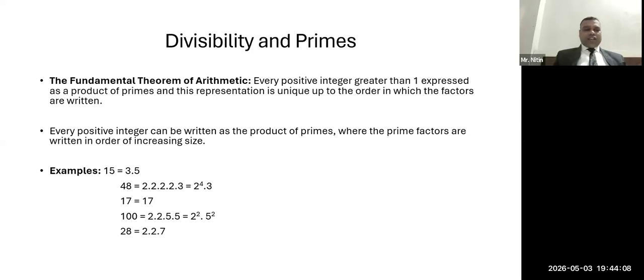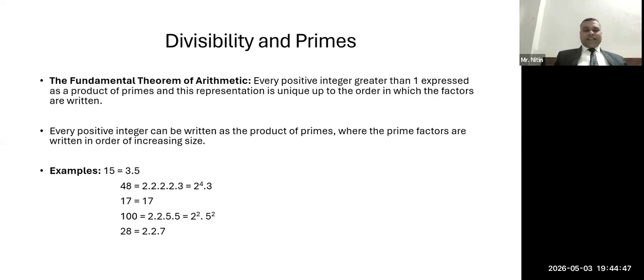Every positive integer can be written as the product of primes where the prime factors are written in order of increasing size, from smallest to largest. In this example we have the number 15, and the factors of this 15.